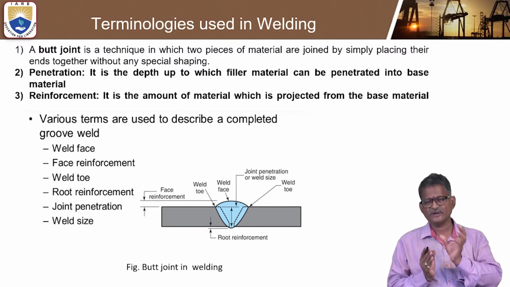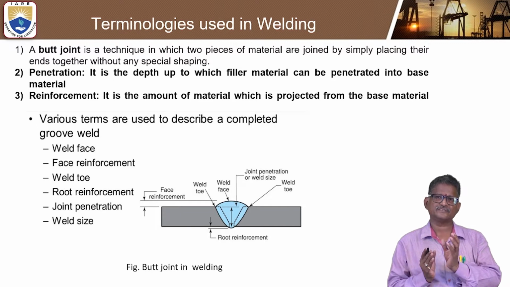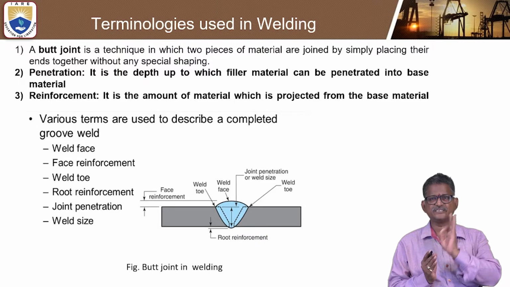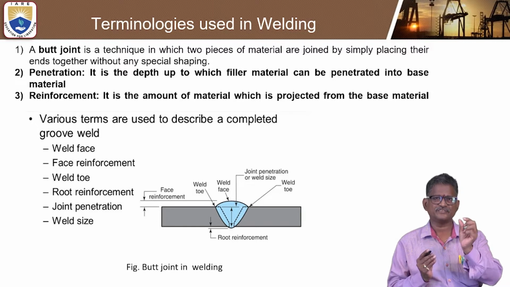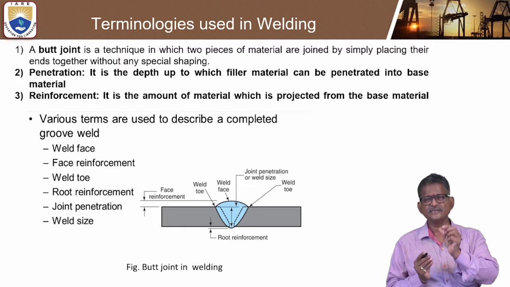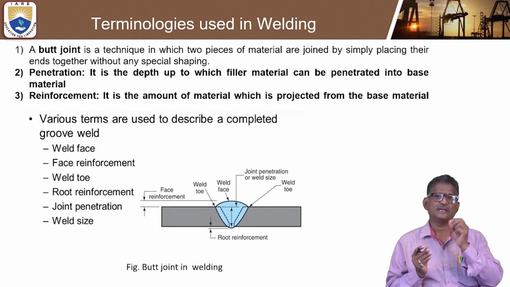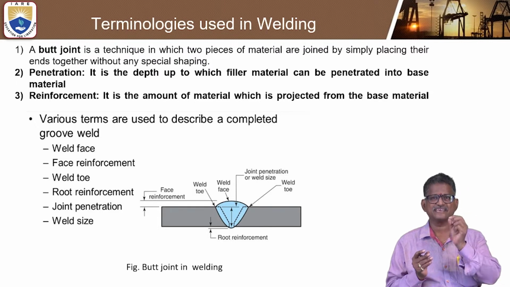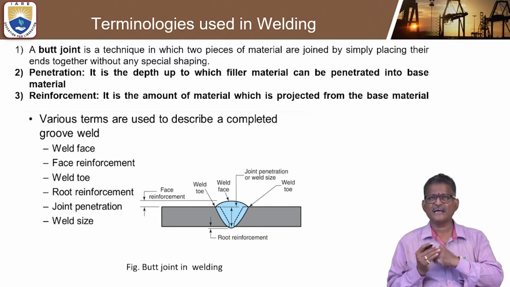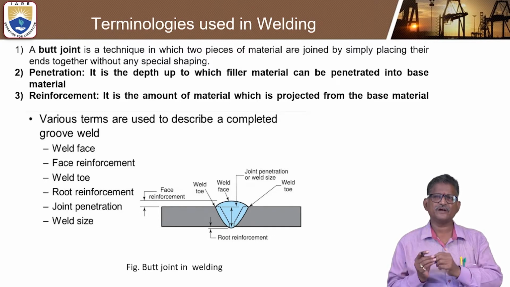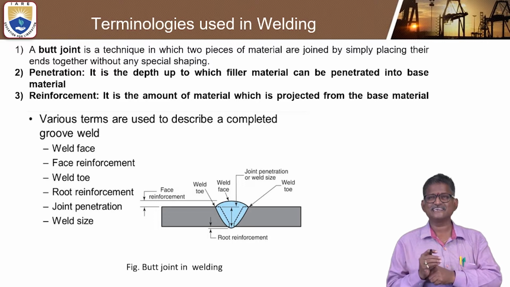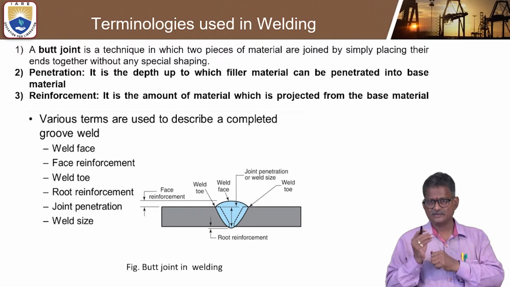In this fabrication or welding process, some basic important terminology such as the butt joint, how the butt joint can be drawn and how this butt joint technique can be used in fabrication, what penetration is and how reinforcement takes place. Like that, a number of terms are important and should be understood clearly in this video.